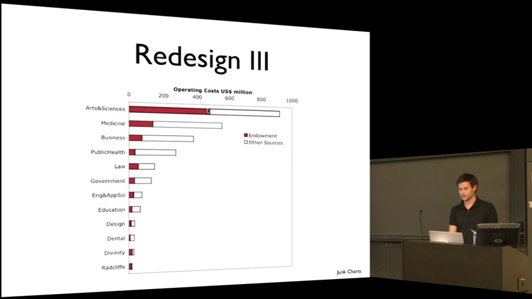Because here we see the biggest problem would be for arts and sciences, because they have the biggest number. Yeah? For them, if the revenue from the endowment goes down, they will have a big gap in their budget. Yeah? And for Radcliffe, actually, it's not that much money. Yeah? So for Harvard, as an institution, these schools would be much more influenced by this decrease in revenues.